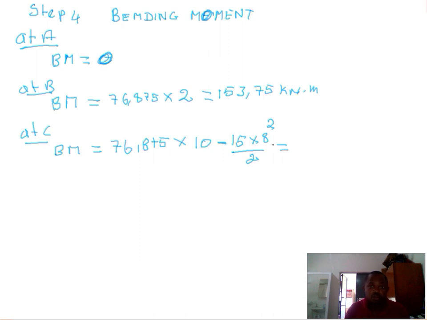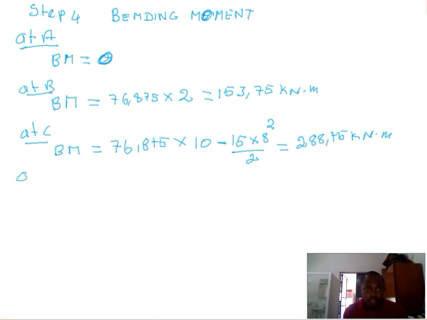So 76.875 times 10 minus 15 times 8 squared divided by 2. The moment at C is 288.75 kilonewton meter.